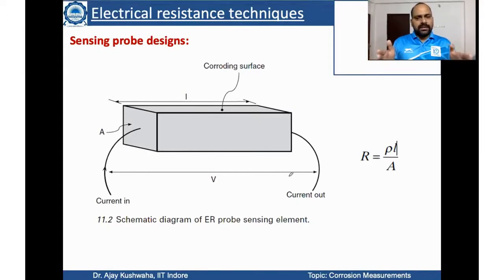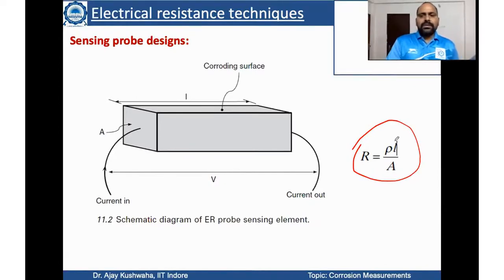We can see the electrical resistance, which we can calculate using a well-known formula: R equals rho L by A, where rho is the specific resistivity of the material, L is the length, and A is the cross-sectional area. So if we know these parameters, L, A, and rho, then we can calculate R, or calculate whatever changes are happening in R with respect to time when the material is exposed in the environment.